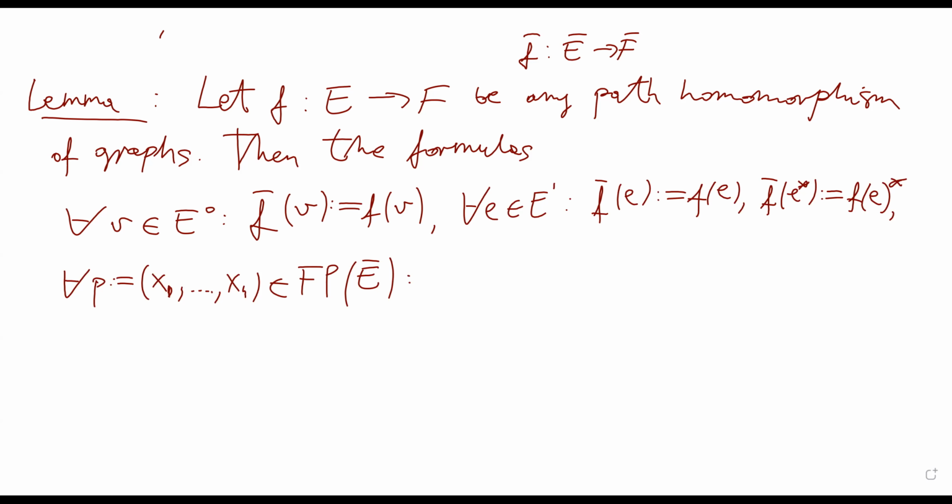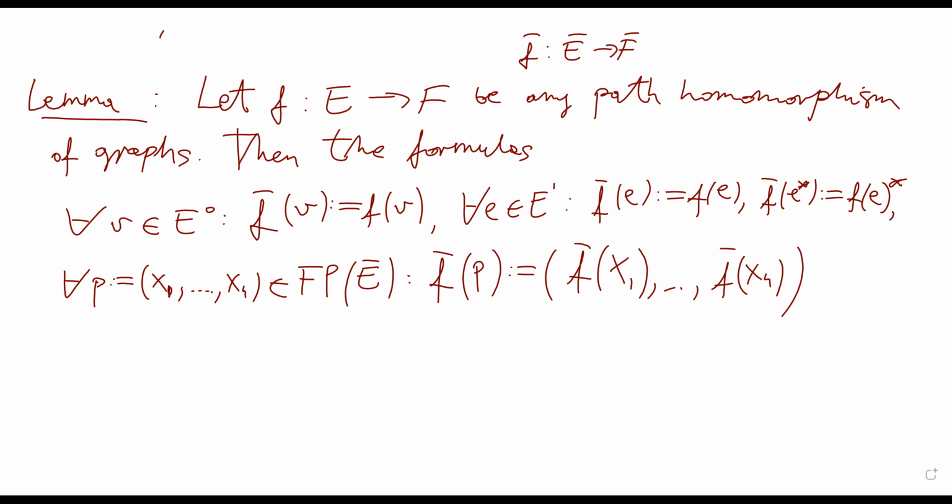So now I can easily define it as follows, that F bar of such a path is nothing but, you can guess, F bar applied to x1, dot dot dot, F bar applied to xn. And of course, you have to check that, for instance, this is a path. That's what we want. All right.